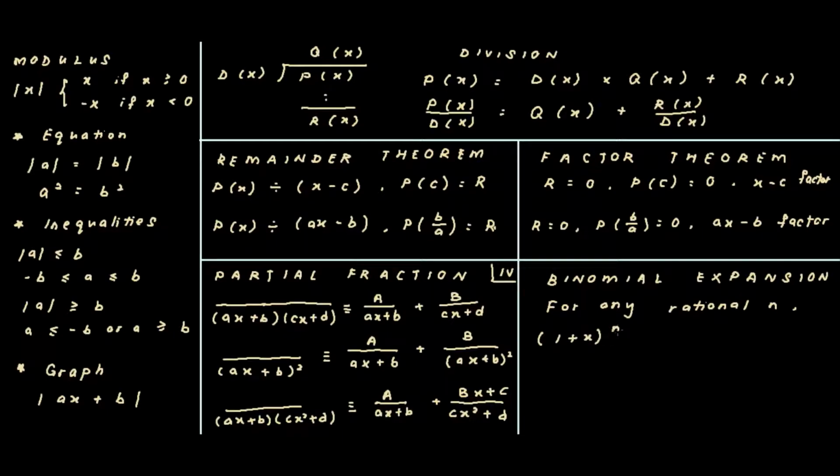Okay, so this one will be equal to 1 plus, then we know that nx plus, sorry, maybe I need to write below. Okay, then plus n times n minus 1 divided by 2 factorial and then x squared, plus n times n minus 1 times n minus 2 divided by 3 factorial x cubed, and don't forget this is an infinite series.